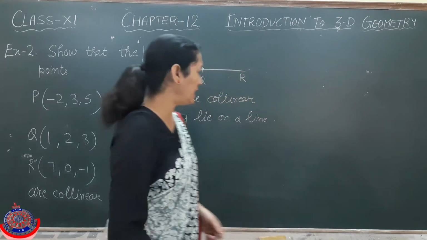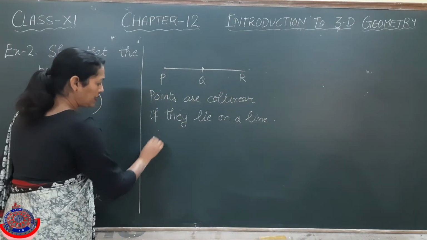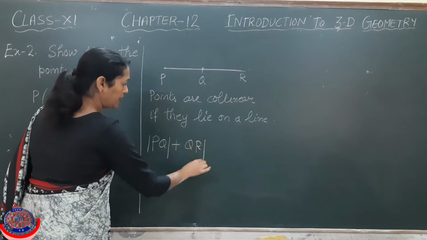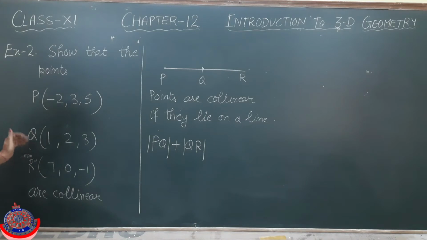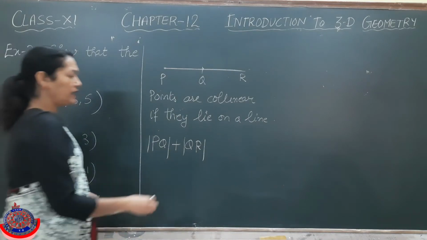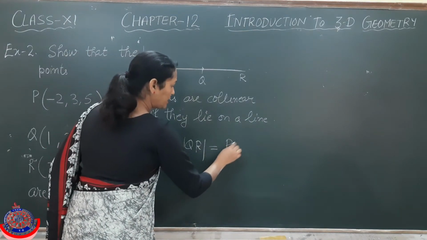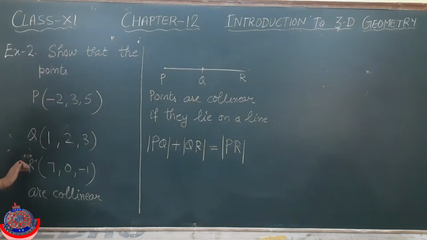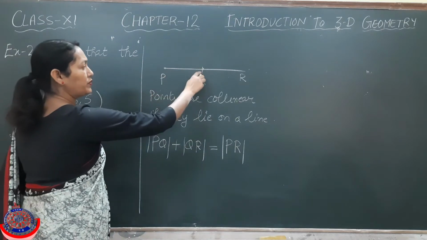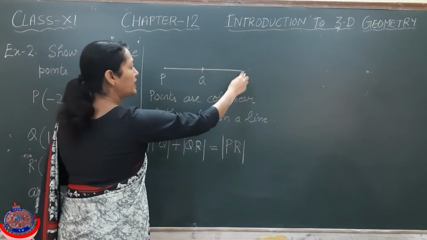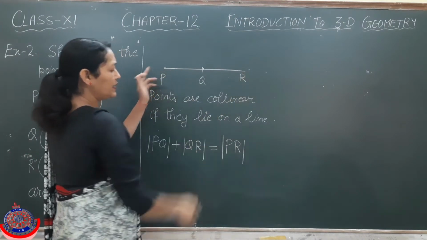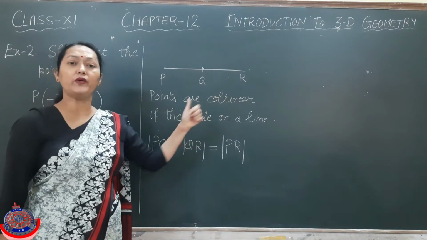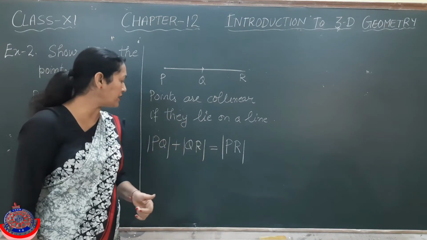That means by proving distance between PQ plus distance between QR is equal to the distance between points PR, in that case these 3 points P, Q, R will be collinear. So let us start calculating the distances.